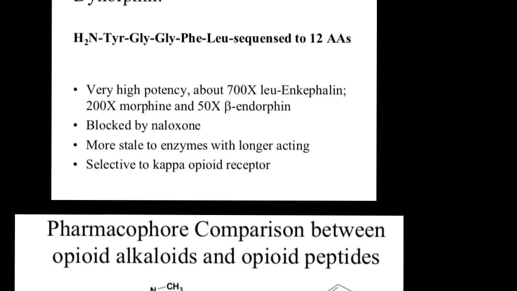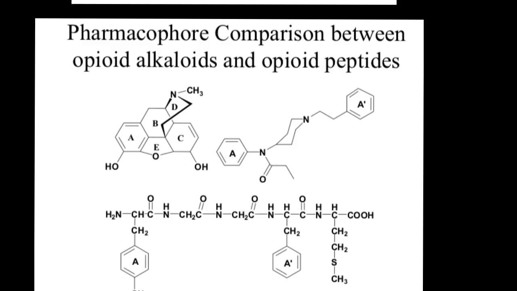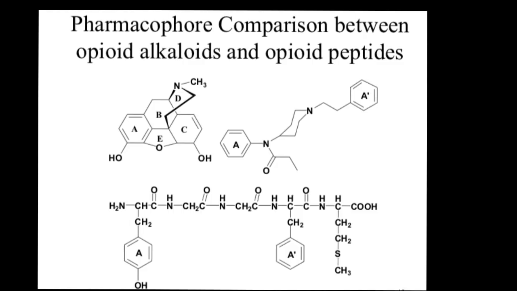This last slide just illustrates why these opiates are designed so. These all bind to the opioid receptors, either mu, delta, or kappa. If you compare these structures, these compounds actually bind similarly to your endogenous opioids, which is why they work similarly. Your tyrosine is actually mimicked by this OH group.